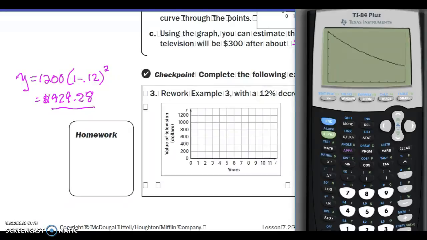I've also graphed it on the graphing calculator so I could see what it would look like. It's a much gentler slope. It's not going down nearly as quickly. I can trace it to estimate when it's going to be worth $300. I can see it's many more years before it gets to $300.